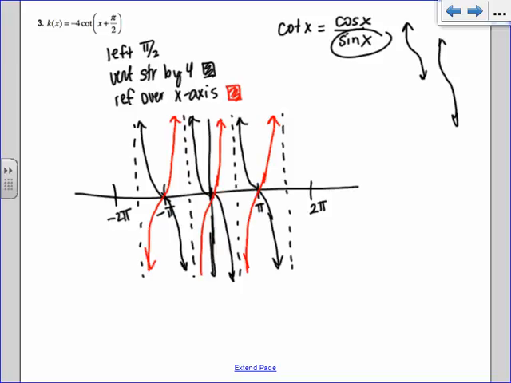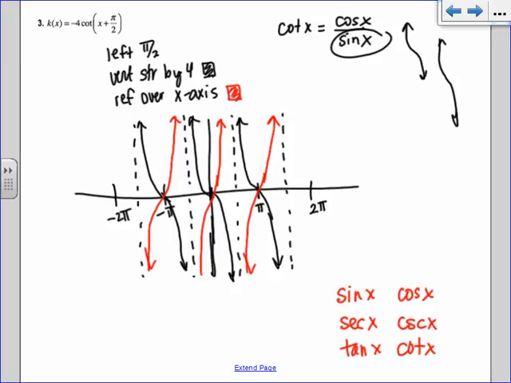So what's cool about sine and cosine, secant and cosecant, tangent and cotangent, I'm sure you guys were wondering why secant and cosecant weren't reciprocals of one another.